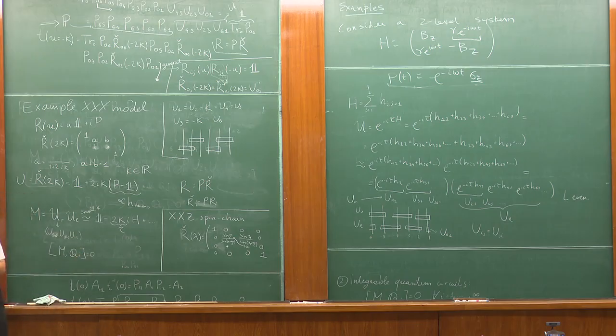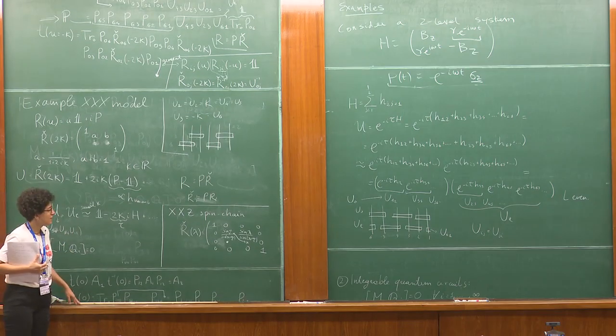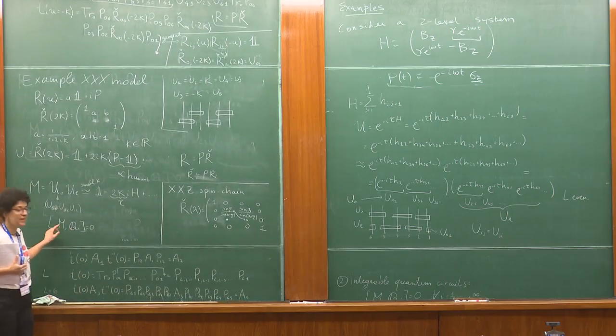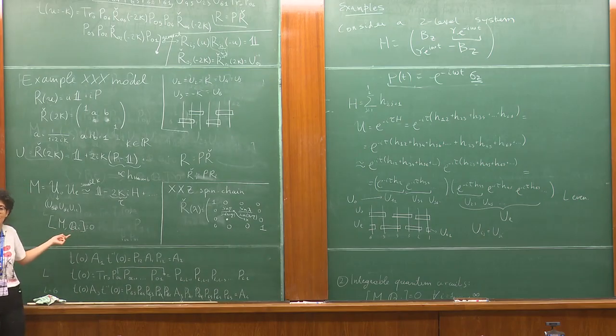Thank you for the question, because I was not very precise. Now for an integrable circuit we have constructed it in a way for M to commute with an infinite amount of conserved charges.